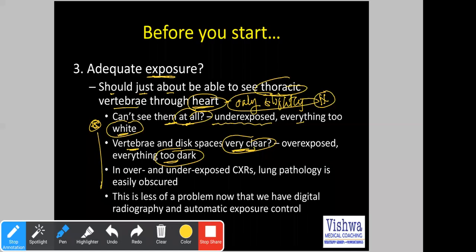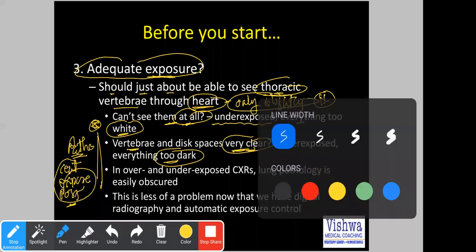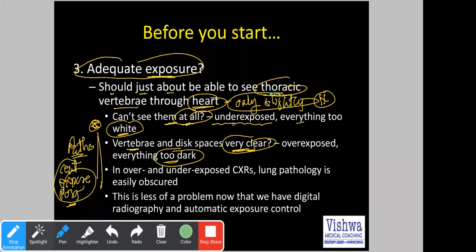Remember, it is not only the pathology that is important, but also whether the patient's X-ray is centralized, the exposure is normal, and the posture. All those things make a huge difference in interpretation. So what is an adequate exposure? You should be able to see the thoracic vertebrae slightly through the heart.